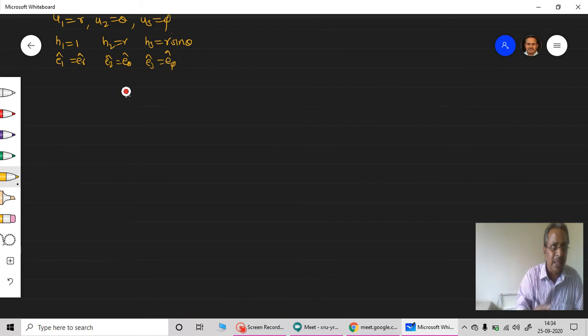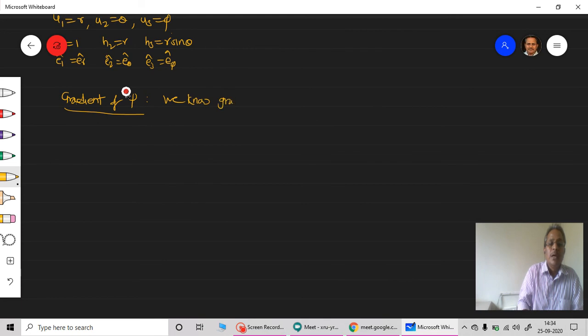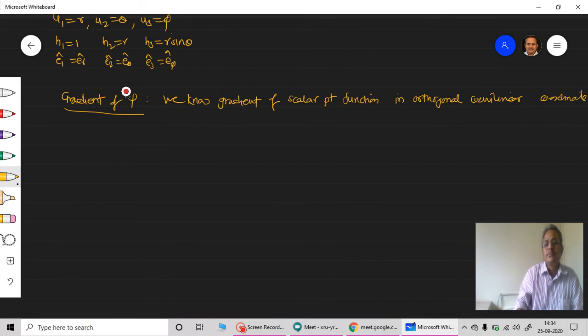Now length, surface element, volume element, that we are not going to do here, that is not needed. What is important for us is first the gradient of psi, that is grad psi. So we know the gradient of a scalar point function in orthogonal curvilinear coordinates.